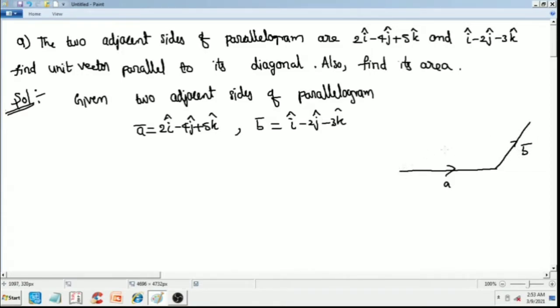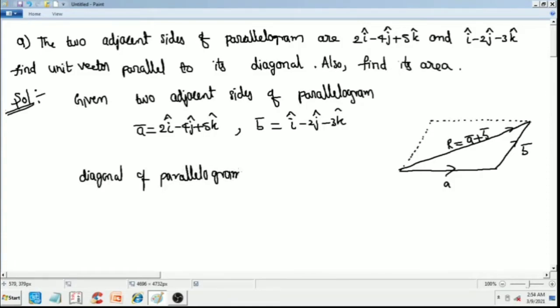See, if I join the other adjacent sides, then this is a parallelogram. I need to find a diagonal, so this is a diagonal. According to the triangle law of vectors, the resultant vector diagonal is A bar plus B bar. So the diagonal of the parallelogram is equal to A bar plus B bar.